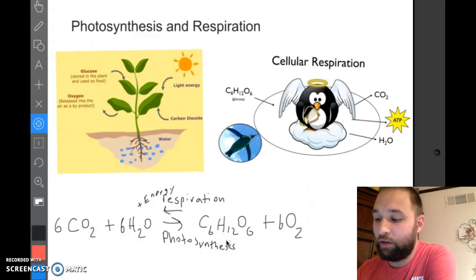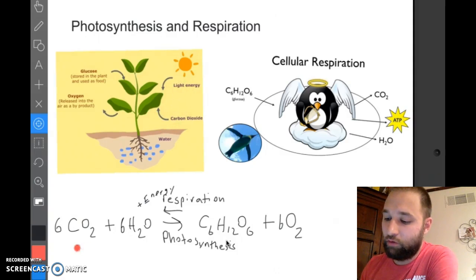Light energy comes in, carbon dioxide and water are used, so light, CO2, and H2O. The sun's energy, photosynthesis happens, chemical reactions occur, and what you get is glucose, vital.